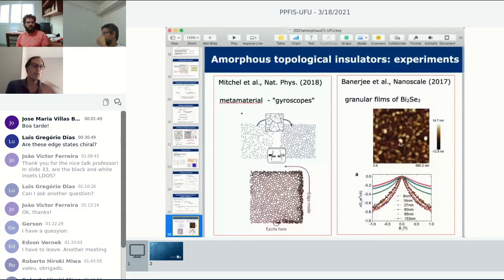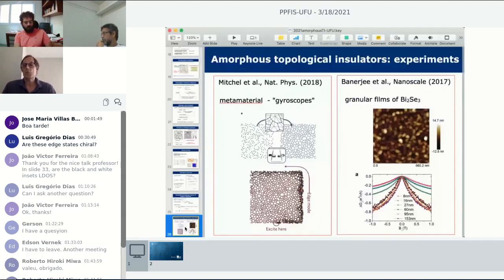There is another experiment that, in my opinion, is nicer, also with bismuth selenide. It appeared on the arXiv last year, but it hasn't been published yet. I'm not an experimentalist, but I guess they have been criticized for some things they did on the experimental side.